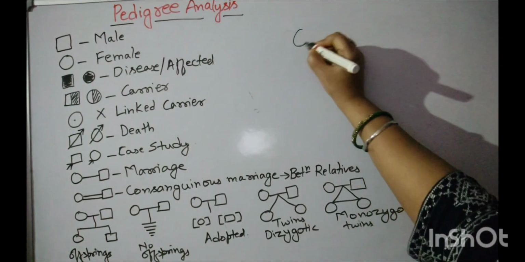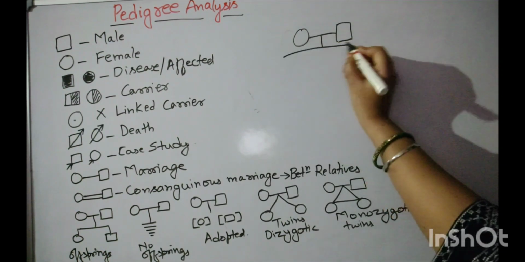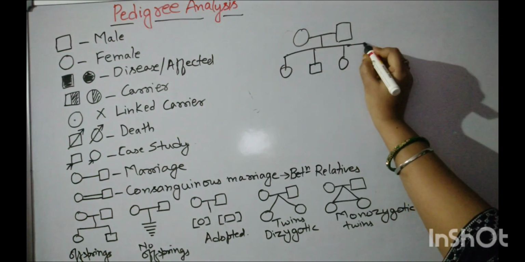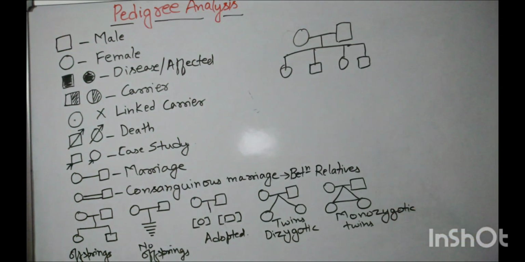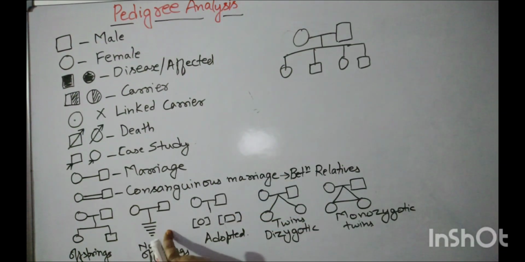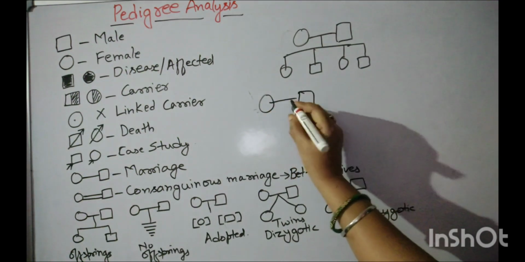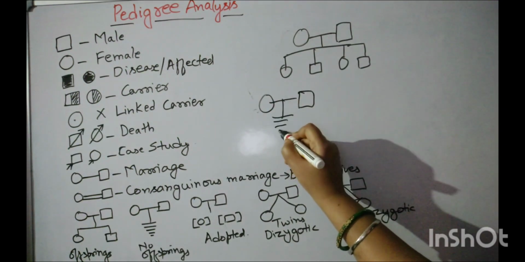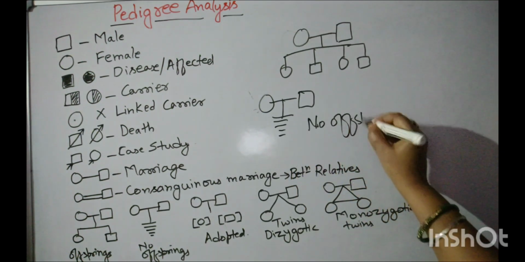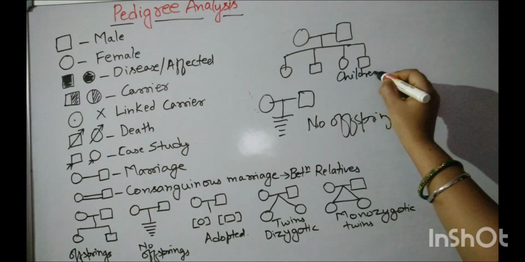Now if I make a female and a male, and this is a marriage or meeting, and I draw a line down like this, this is offspring. If I draw a line like this, it means there is no offspring. If I make a couple and draw lines like this, it means no offspring. These are children or offspring.